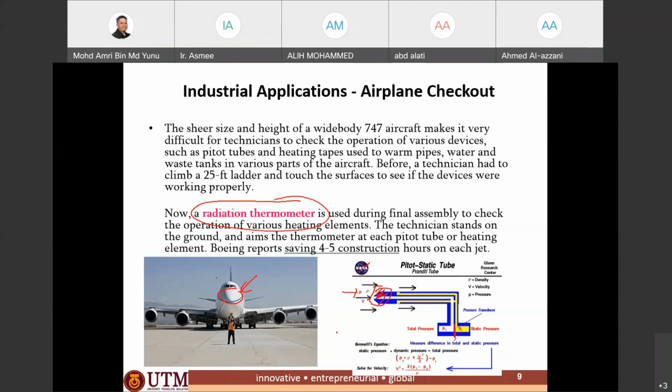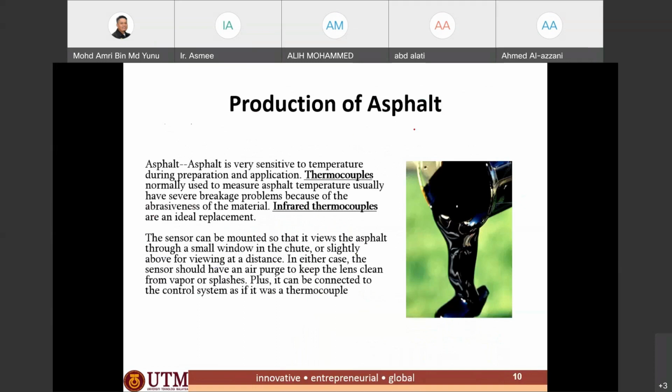You need to clear up the area and make sure everything is safe. But by using a radiation thermometer, the technician doesn't have to bring a lot of equipment, for example the crane. So the time of inspection has been significantly reduced. This is one of the applications of thermal sensors in aviation inspection, as pulse production.